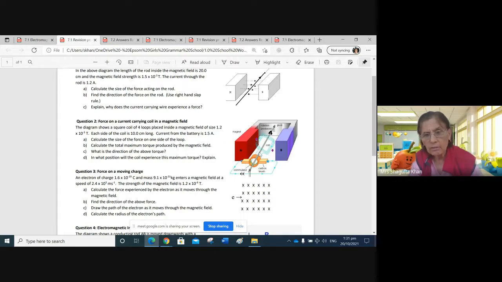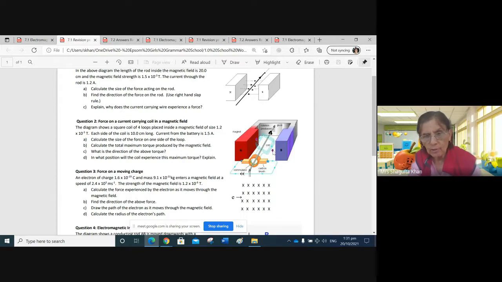Then there's a force on this side also. And if this is the axis of rotation, this side will experience a force downwards, this side experiences a force upwards. In other words, it is experiencing a turning effect or a torque. And how do we find the torque? Torque is force times distance.